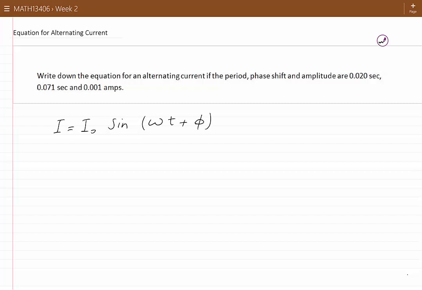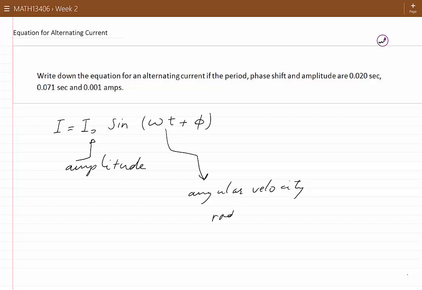In this equation, I naught is the amplitude, which is measured in amperes or milliamperes, and omega is the angular velocity, which, if time is measured in seconds, would be either in units of radian per second or degrees per second.